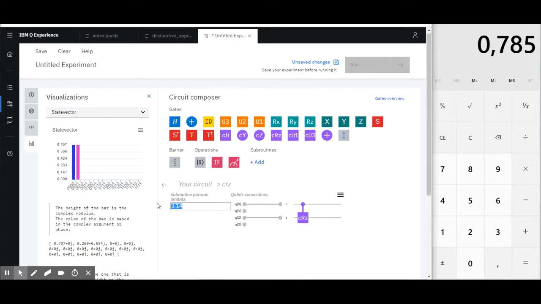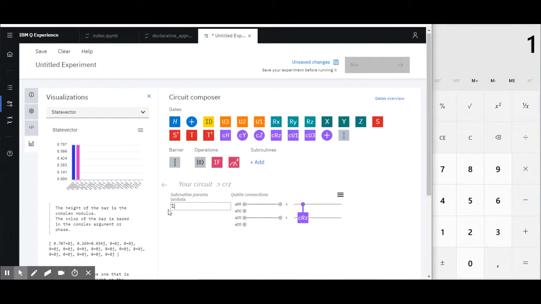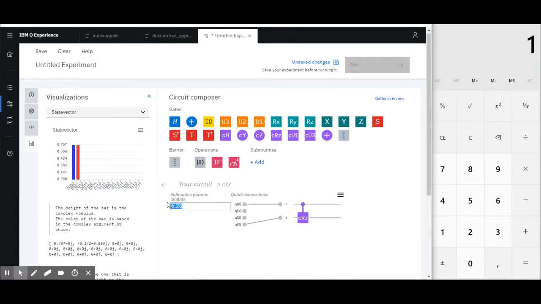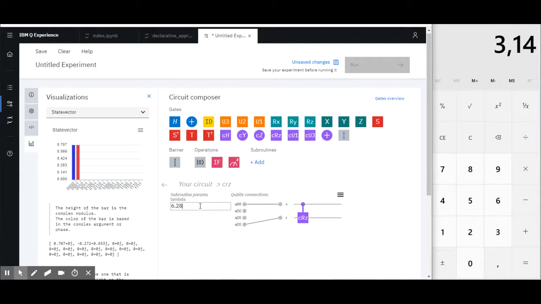This is 314. 314 divided by 2 is 157. And 628. 628 divided by 2 is, of course, 314. I'm so stupid. 315.